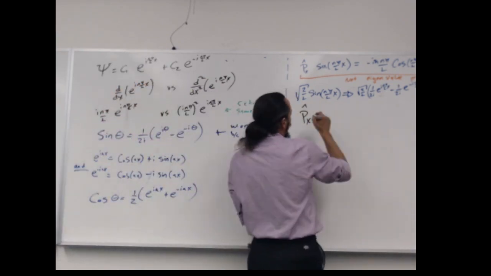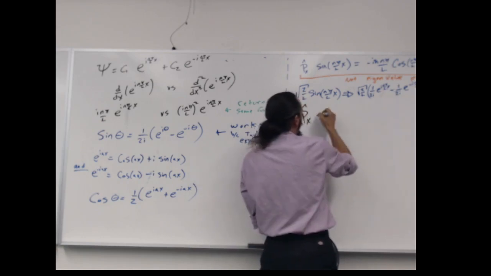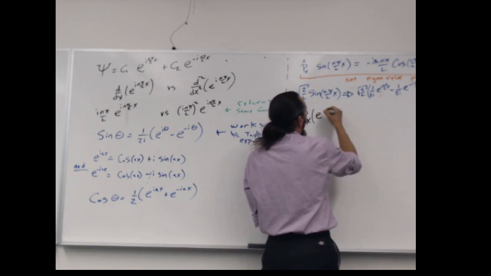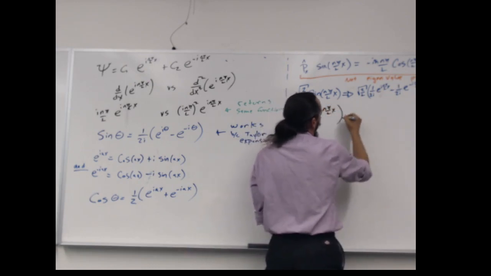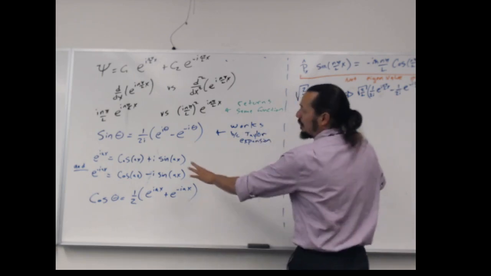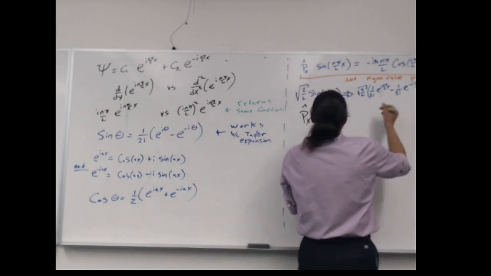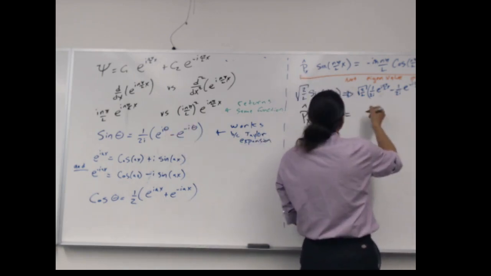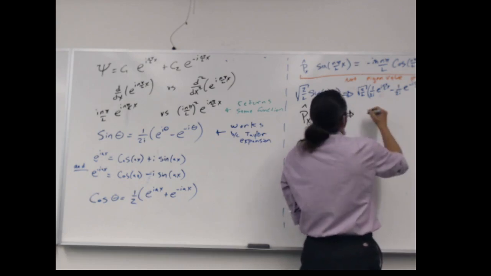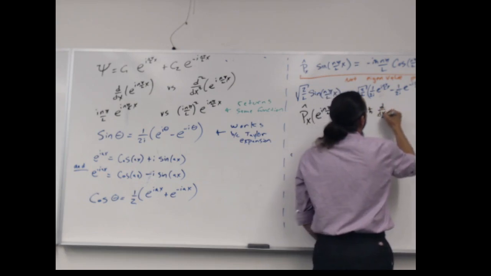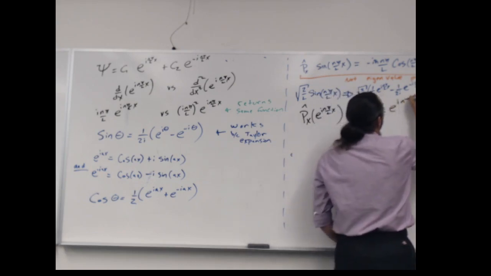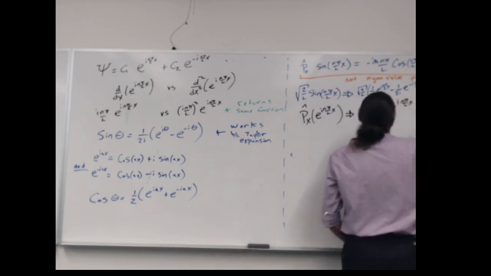So my px is going to be applied to this e part here, e to the i n pi over Lx. That will give us, I actually already wrote this down over here. Ooh, I didn't actually write this down properly. This is going to be negative i h bar d by dx of e to the i n pi over Lx.